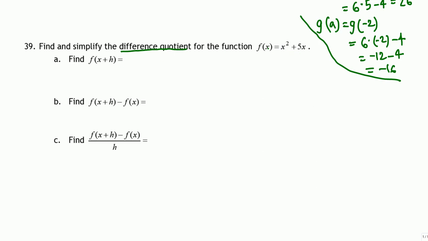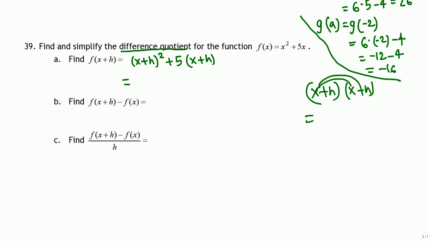So this will be x plus h, quantity squared, plus 5 times x plus h. We want to multiply x plus h by itself, so we need to FOIL. We get x squared plus xh plus hx plus h squared.